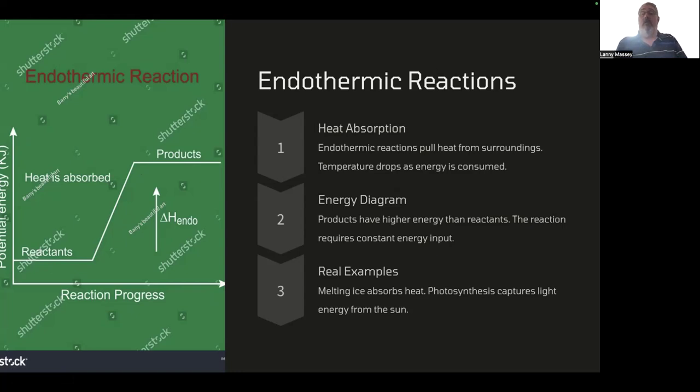So in this case, endothermic is telling us that energy is going into the reaction and being stored. Examples of that are melting ice absorbing heat, and photosynthesis capturing light from the sun. So photosynthesis is an endothermic reaction because it is storing energy in the products. So the products have more energy than the reactants in the reaction.